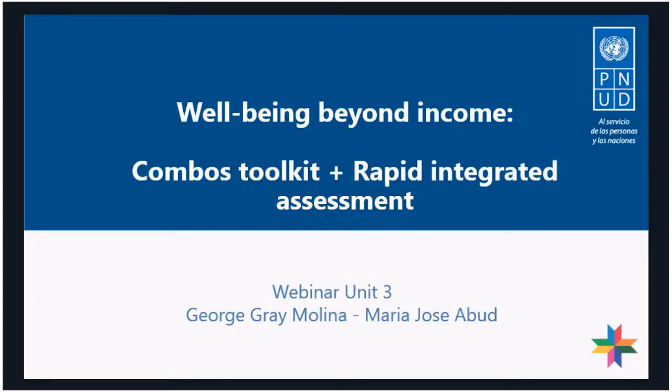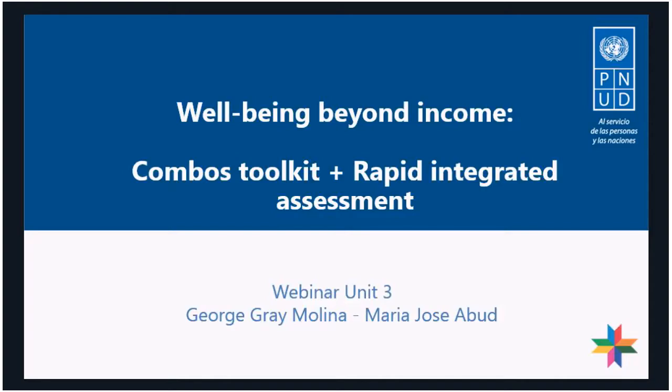And these steps are based on results-based management. So we'll be walking you through what we believe are the 4 or 5 key steps to get this approach going on the ground. And finally, we'll review a little bit about what we've learned on Unit 3 with steps 0 and 1 of the combos approach. All right, let's get started.